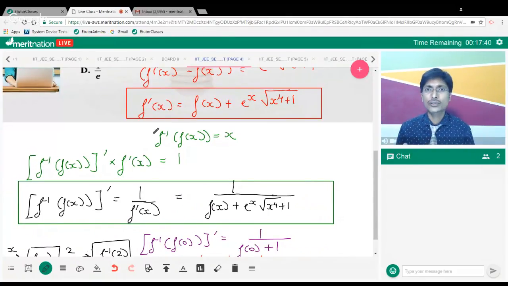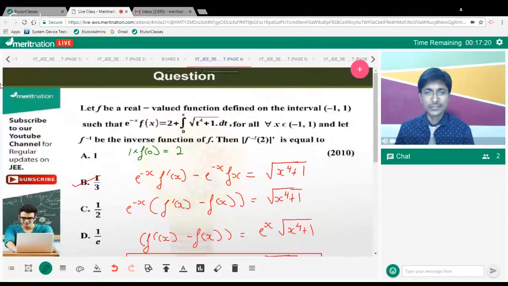And f dash x could be very easily substituted with the help of the above equation. That was f(x) plus e raised to the power x under root x raised to the power 4 plus 1. And then we got that we have to put x as 0 so that we get 2 as the output from f(x). Great, guys, if you have understood it.